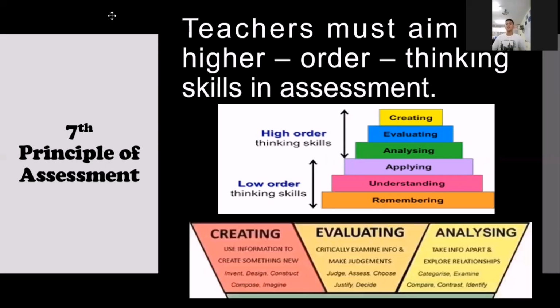Why must assessment aim for higher order thinking skills and not the lower ones? Because we are targeting that the students can do more, demonstrate more, share and show more based on what they have learned and the skills they have mastered from the lessons. So we have creating, evaluating, and analyzing.